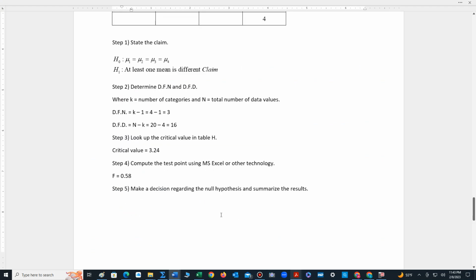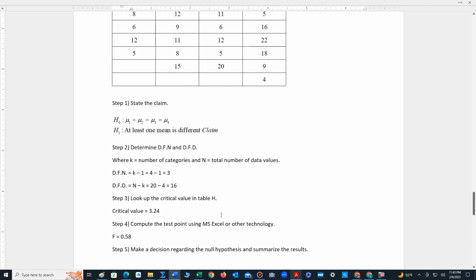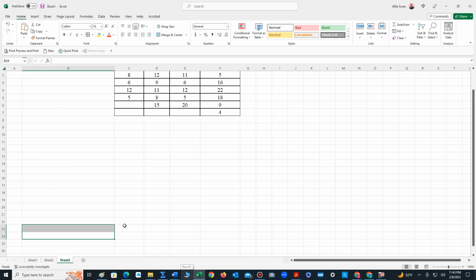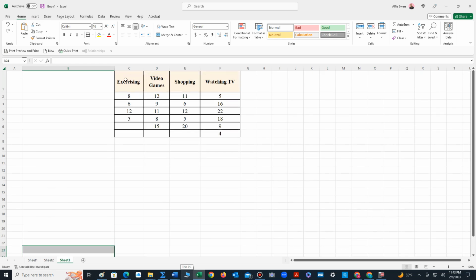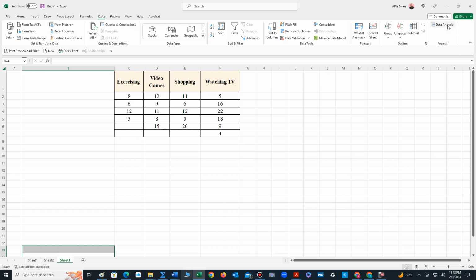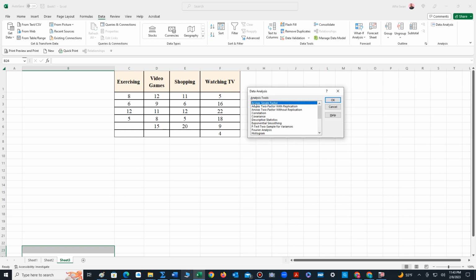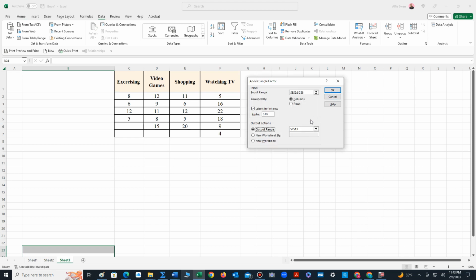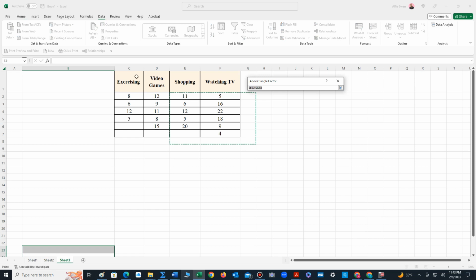Next, we have to calculate our test point. And I'm going to use Excel again to get this computed. So we click on our data ribbon, click on data analysis tool, select ANOVA single factor. Make sure we select our entire table.